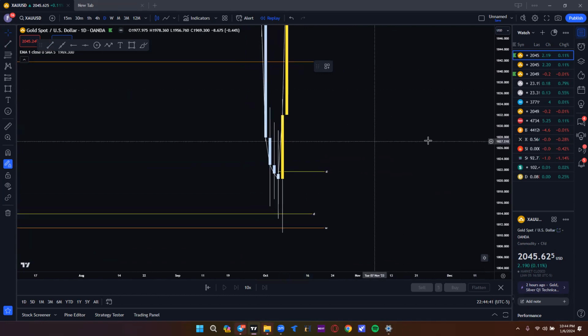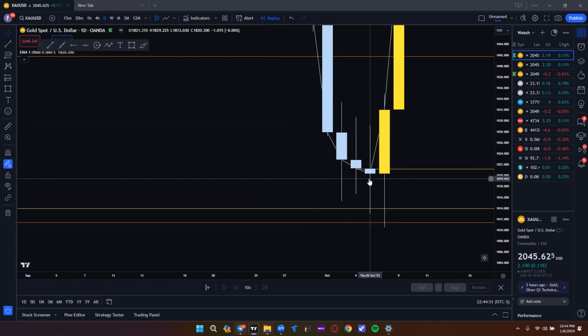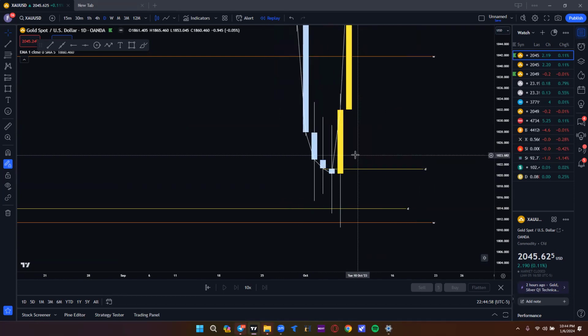And what we see here is that it took out the level that took price down, right? So this gap, these two candles here, simply we can see that because if it didn't, it would continue price down, right? That's the only other way. It would go down.